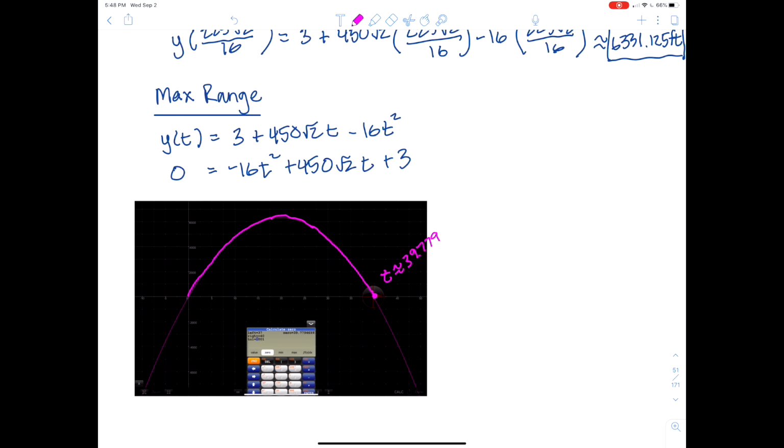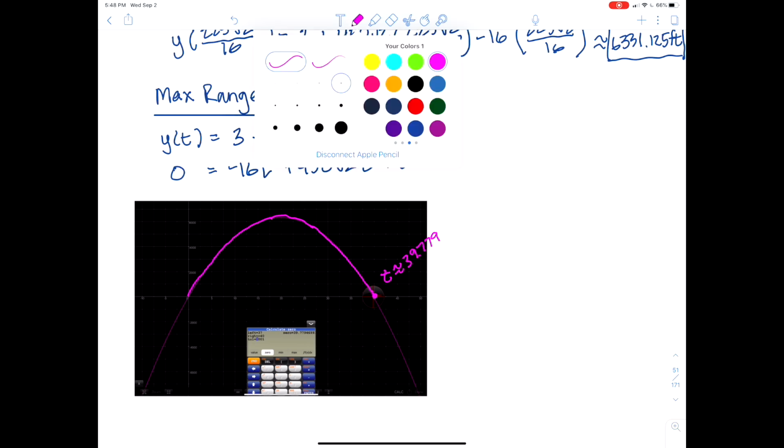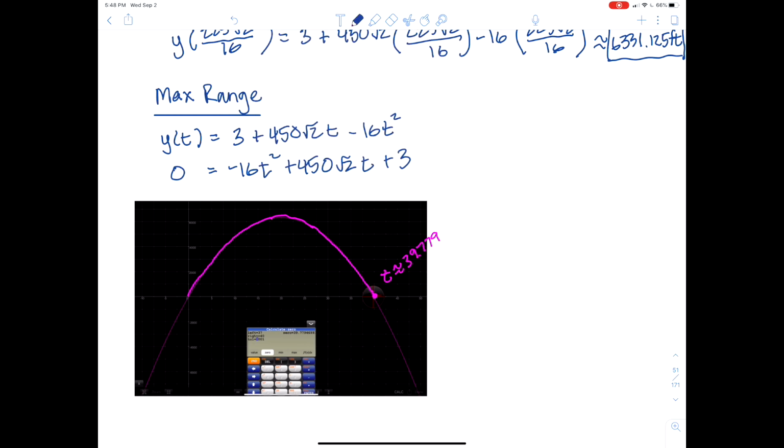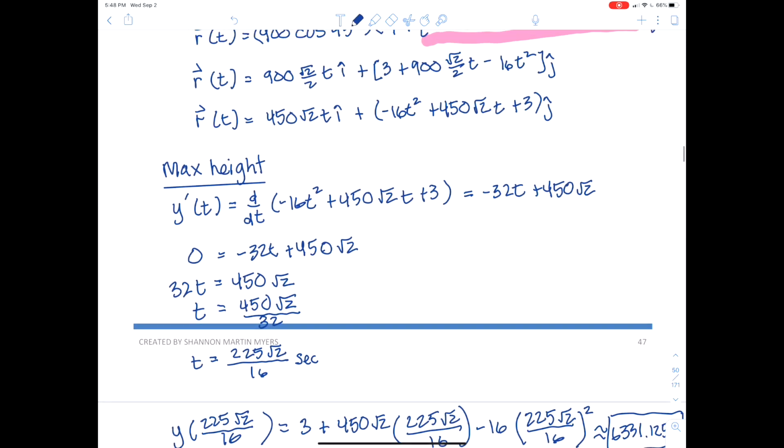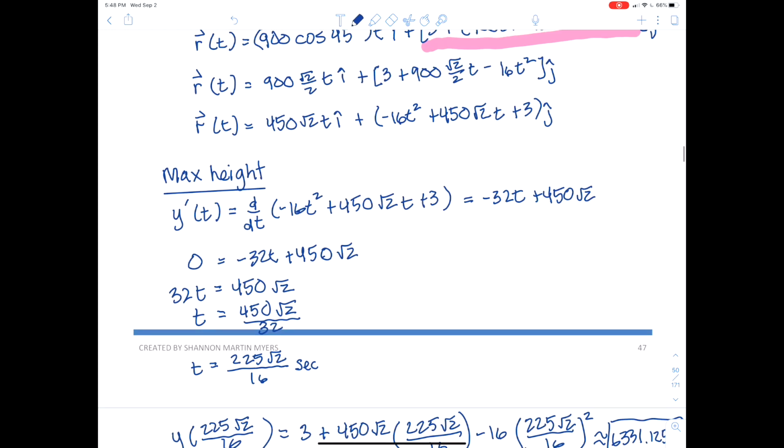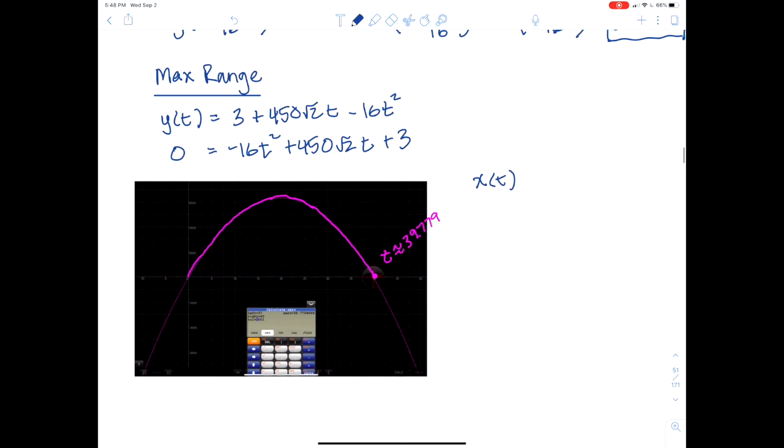39.779. And now which part do you think we plug it into to find out how far it goes? It's on the horizontal. So now if we go back to x at t, and x at t, remember, was 450 root 2t, 450 times root 2t was x at t.